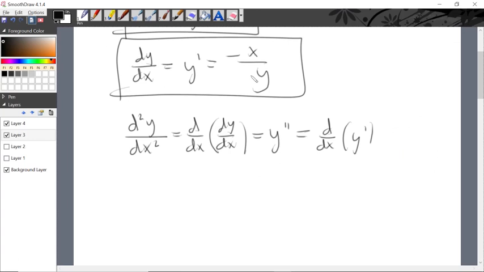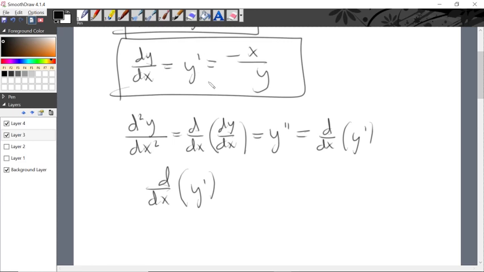Otherwise, we're going to apply the normal quotient rule to this. Apply the quotient rule to this with respect to x. It's just when we get to y, if we take its derivative, the derivative of y will be y prime. And the derivative of y prime is y double prime. So we're applying the differential operator to both sides of this equation.